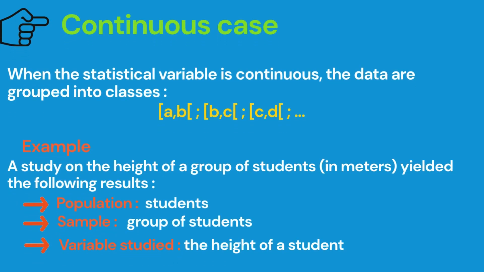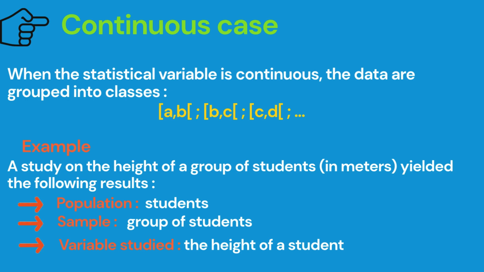Moving now to the continuous quantitative variable. As I mentioned earlier, in this situation, the data are not individual values, they are grouped into intervals or classes. Let's now imagine we measured the height of a group of students in meters. We'd get values like 1.58, 1.64, etc. These are not isolated numbers, but values that come from a range.